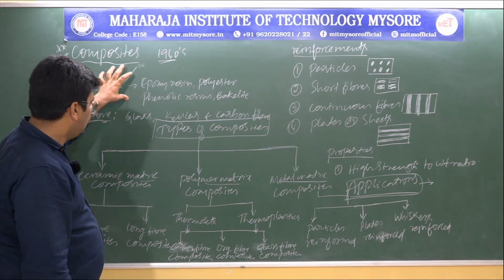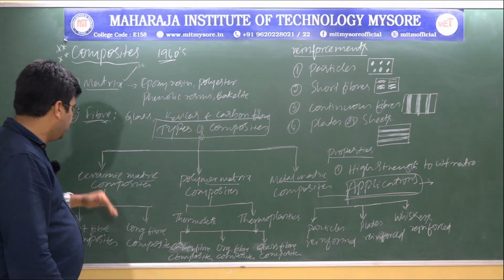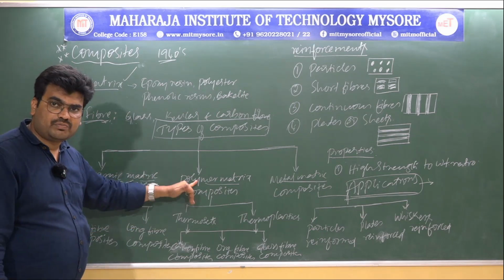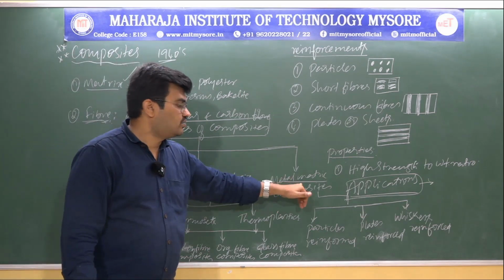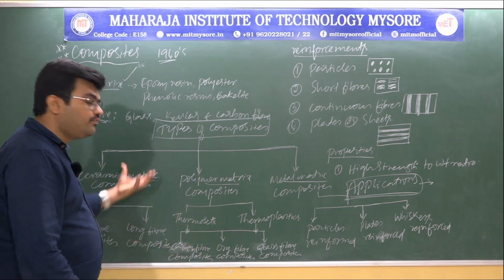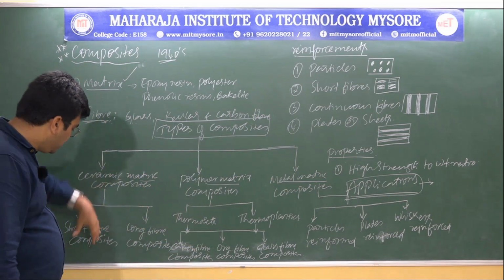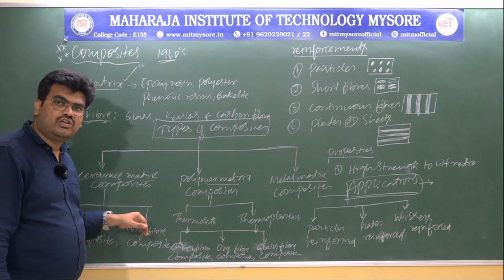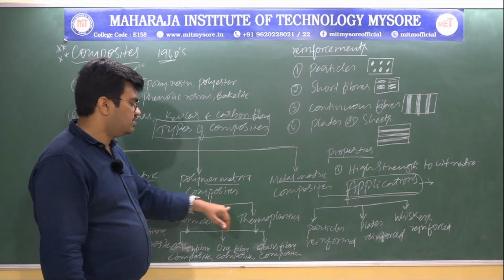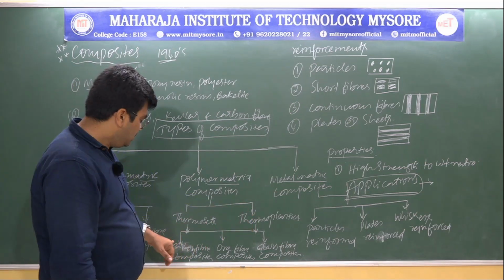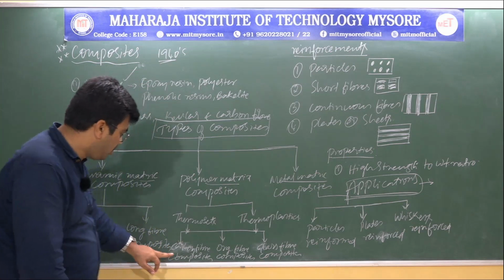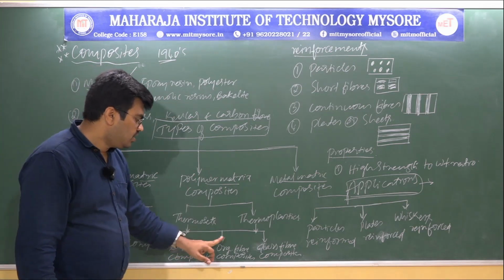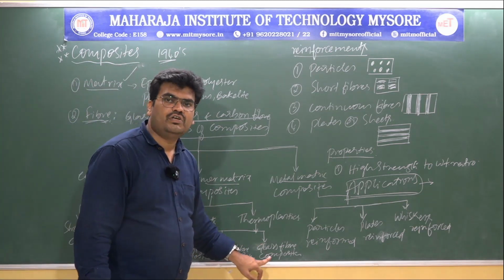Based on the matrix, we can classify these composites into three types: ceramic matrix composites, polymer matrix composites and metal matrix composites. Based on the reinforcement used, they can be further classified into short fiber composites, long fiber composites, thermosets and thermoplastics, carbon fiber composites, organic fiber composites and glass fiber composites.